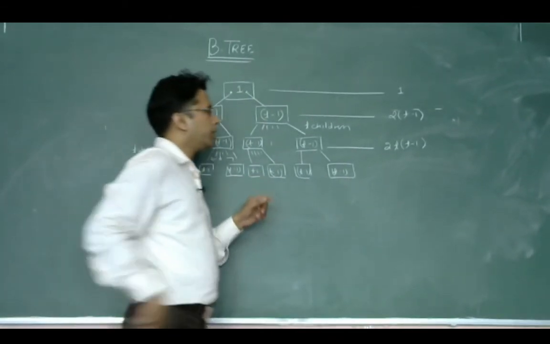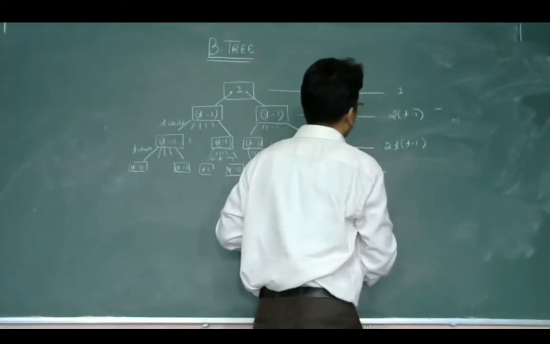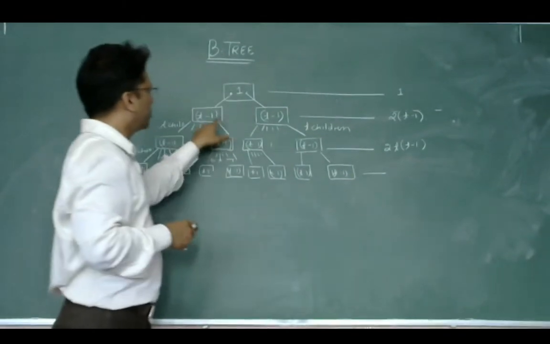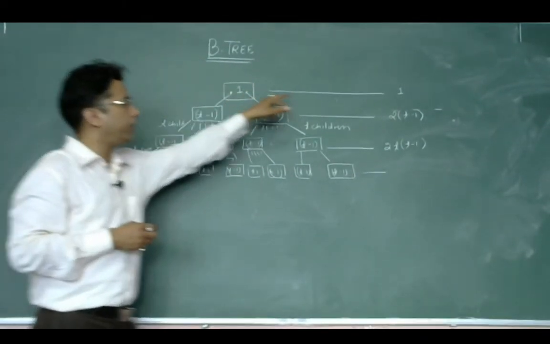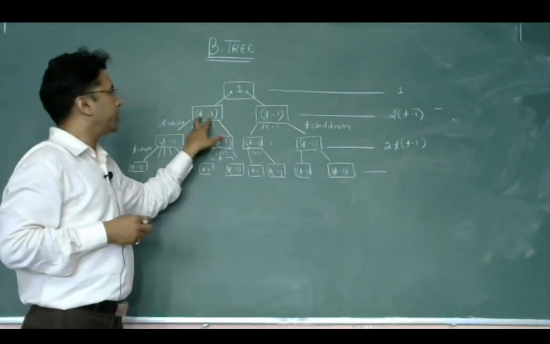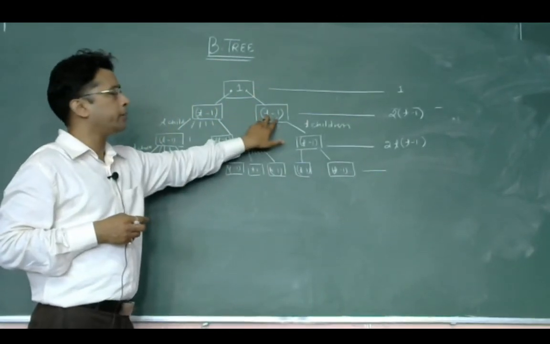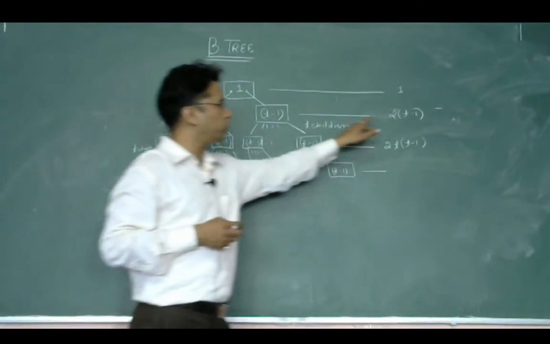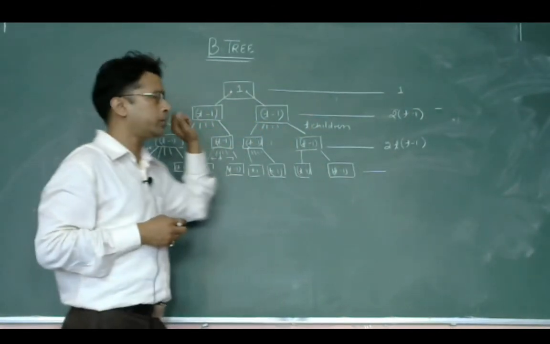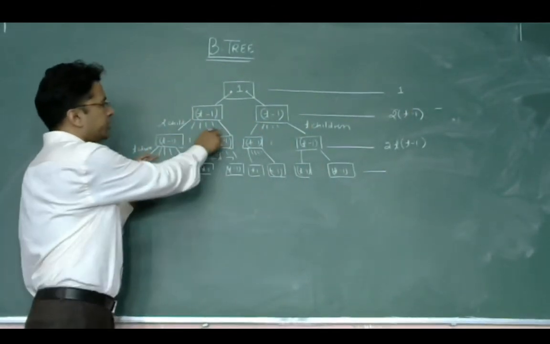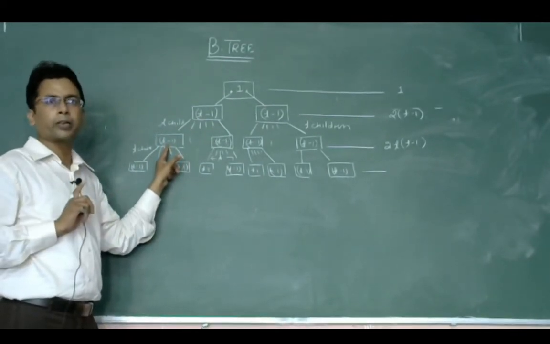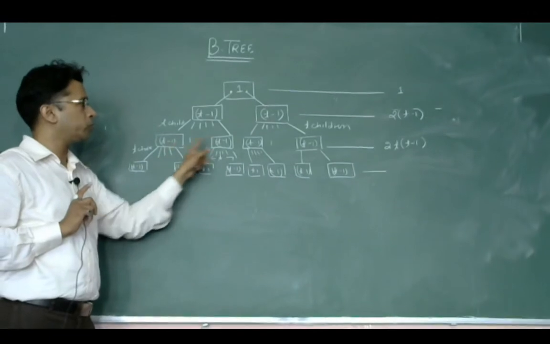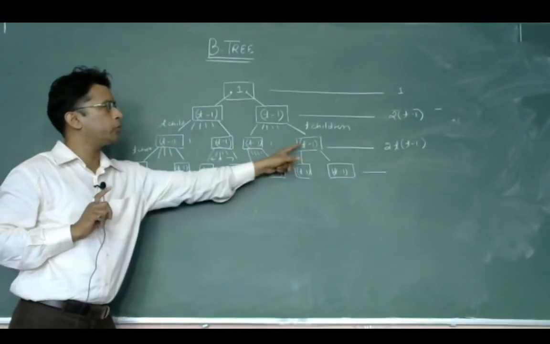So again here, I am repeating once again. The first node will have a single element here, t minus 1 here, t minus 1 here. So there are a total of 2 into t minus 1 key elements. Here there are t children, and each will have t minus 1 elements. So t into t minus 1 here and t into t minus 1 here.